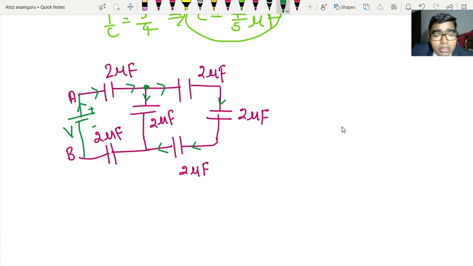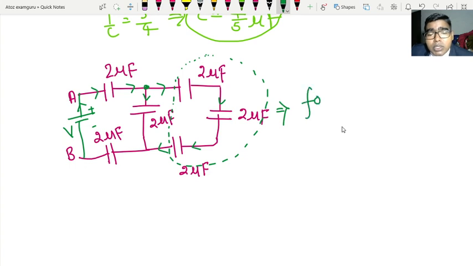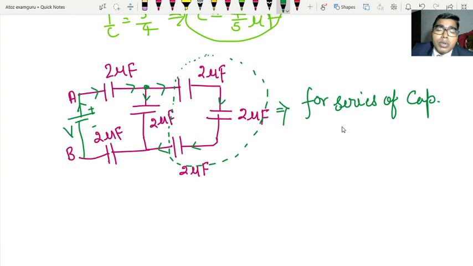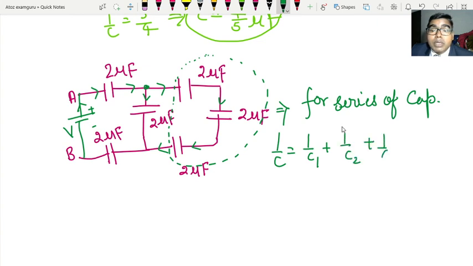It means that all these three capacitances are in series. For this particular portion, if we know a particular section is in series, for a series combination of capacitance, 1 by C equals 1 by C1 plus 1 by C2 plus 1 by C3.